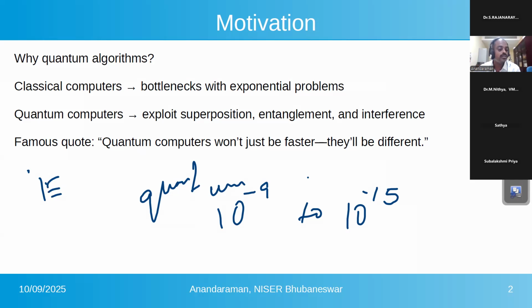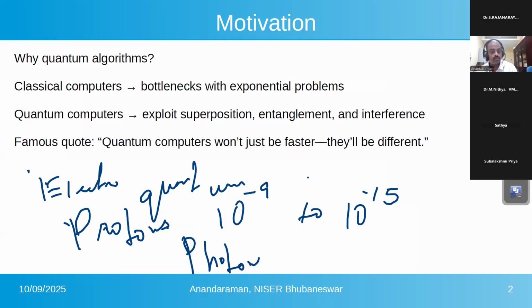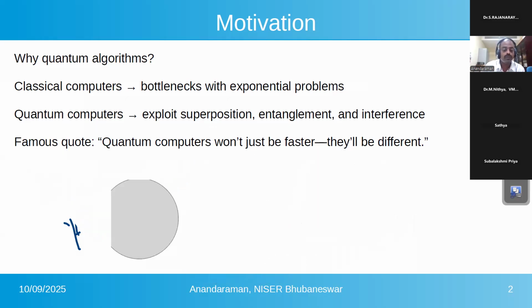Mainly electrons, protons, photons. If we do computation with such particles, then that is called a quantum computer.